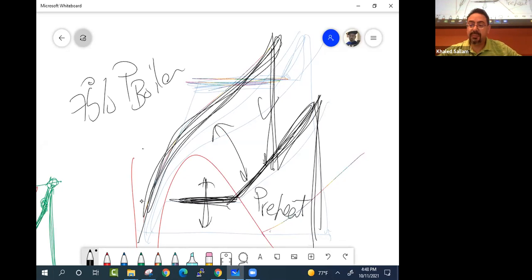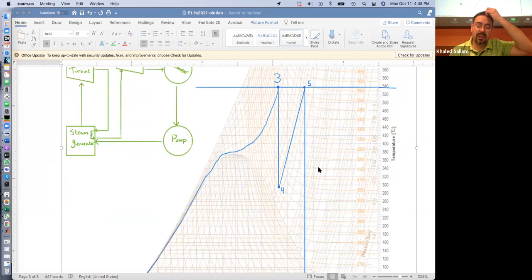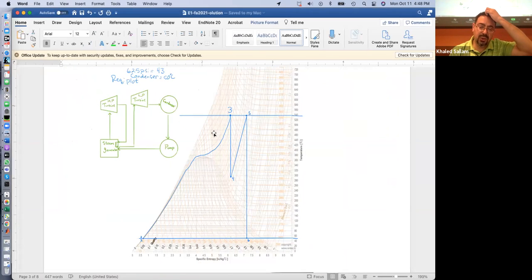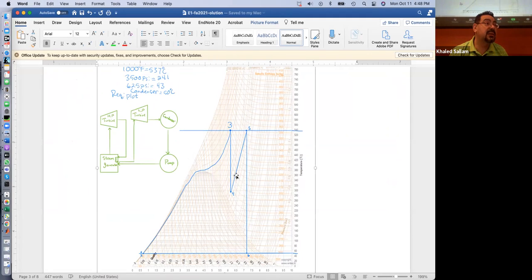Okay. All right, so this is the solution. You just go to that temperature at that pressure, and then you expand isentropically, because he said it's ideal, not real. If it was real, it would have gone like this. 4S would be here, and 4 would be like this, right?